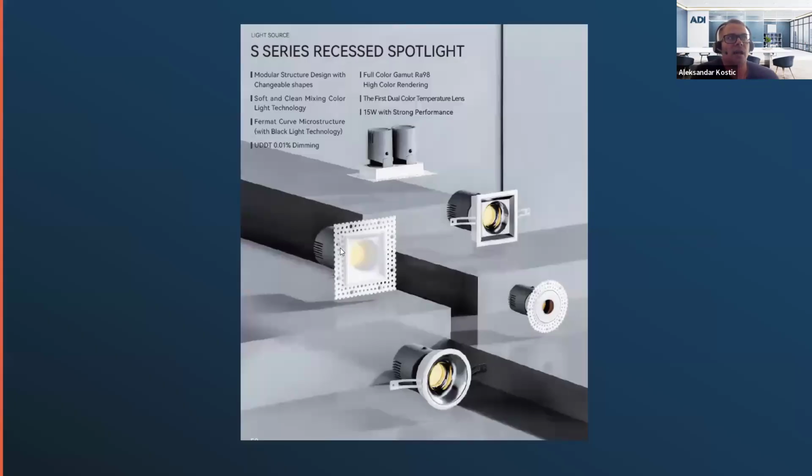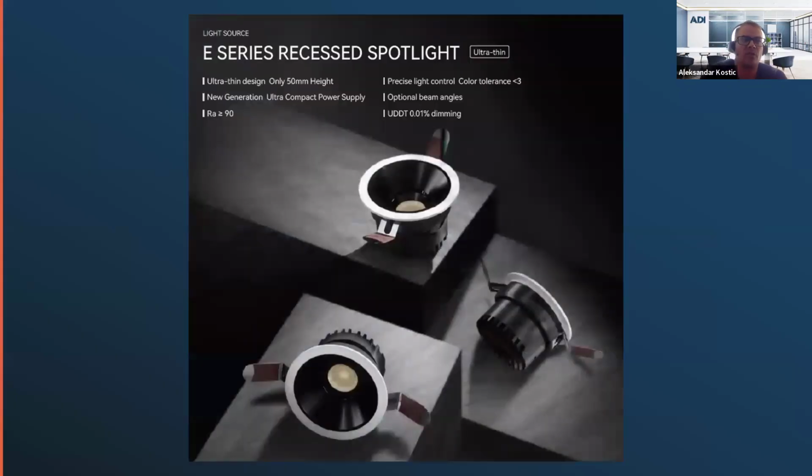The second line available within the lighting fixtures is the E-Series. That is a compact line as it has ultra thin depth. It is only 50 millimeters, so it is used in cases where you have critical implementations in terms of what depth for the lighting you can use.